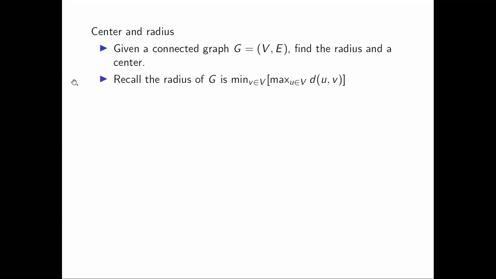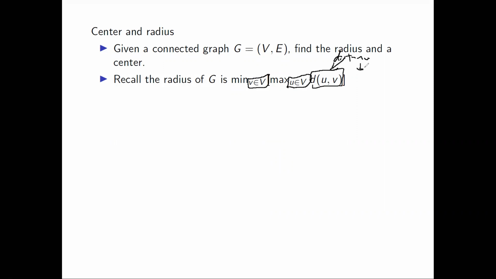The radius of the graph G is the minimum over the vertices V in the vertex set of the maximum over vertices U in our vertex set of the distance between U and V. So the radius is the smallest that we can make the maximum distance, and it's the smallest over all vertices.